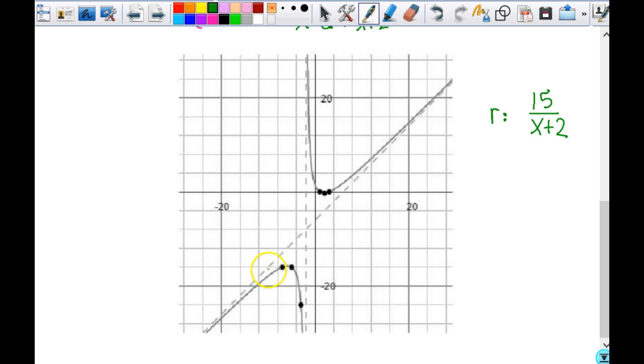So the perpendicular distance here, here, here, I should probably use a different color so you can see better. This distance right here is 15 over x plus 2. And I said, oh, that makes sense. Then I was kind of stuck, because that was before we actually graphed it.